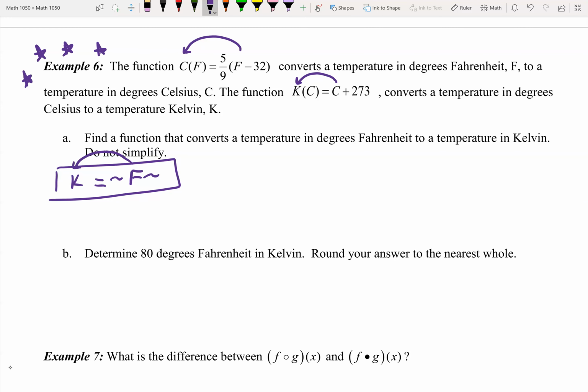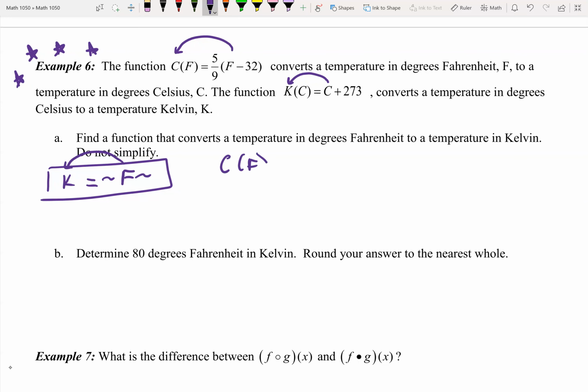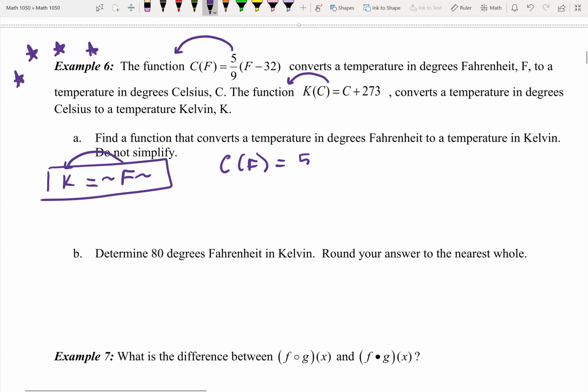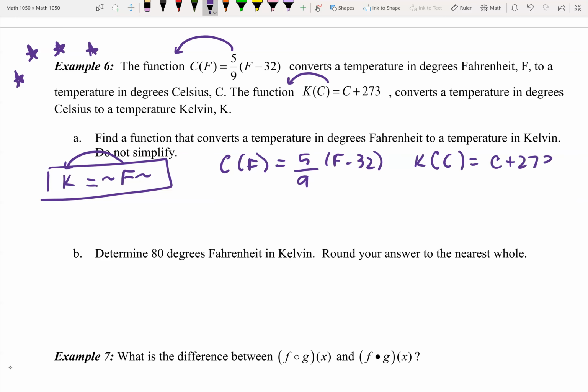Okay, all right, everybody write down C of F is equal to 5/9 times F minus 32. And then I want you to write down K of C is equal to C plus 273. Okay, now listen carefully.